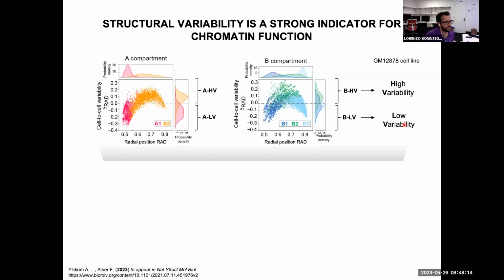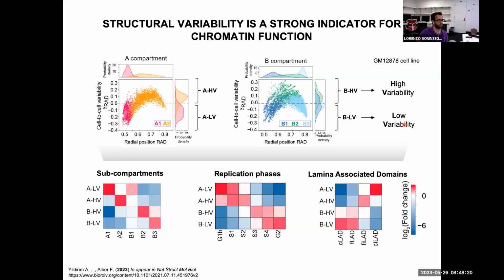And we can study the enrichment of those chromatin classes in terms of a number of features. So this is the enrichment plot, for instance, for those 4 classes in terms of subcompartment assignment, and there is clearly a pattern there, but also in terms of replication phases, and also in terms of lamina associated domains, for instance.